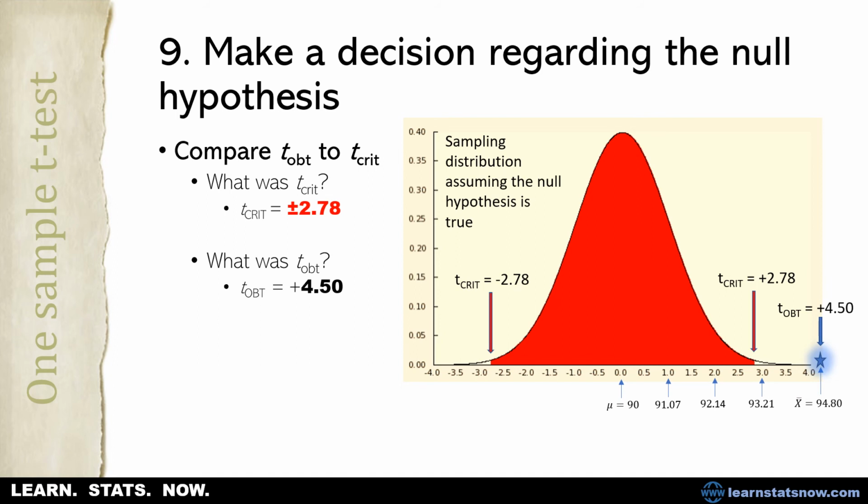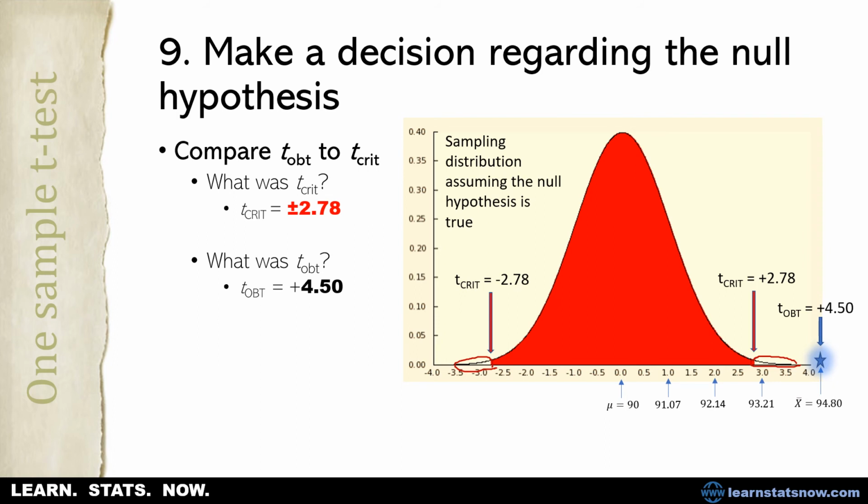And that corresponds to our sample mean of 94.80. Now, what's really clear is that the region of rejection is the non-shaded area. So everything not in red, right? So it's here and it's here in the tails. So clearly, t obtained falls in the region of rejection.